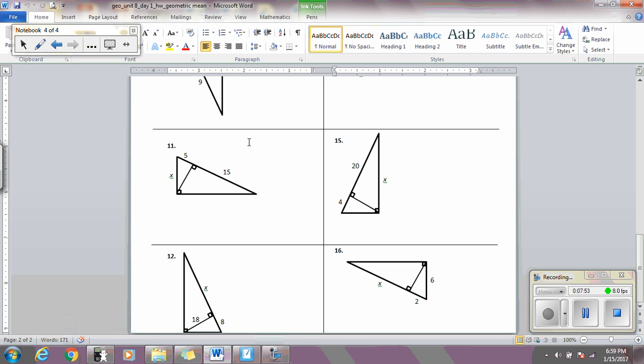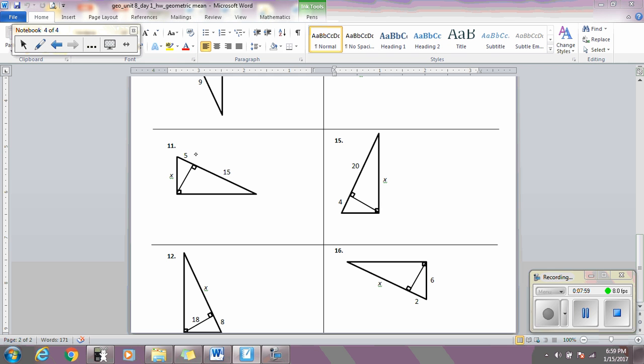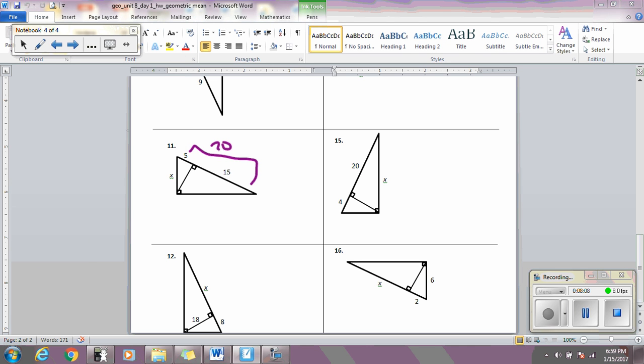All right, for number 11, x again is around the corner, so I need the total length of the long side, and that's 20. And now I'll use the mustache. So start at 5 to get to x, so 5 over x, and then from x to the whole thing, which is 20.